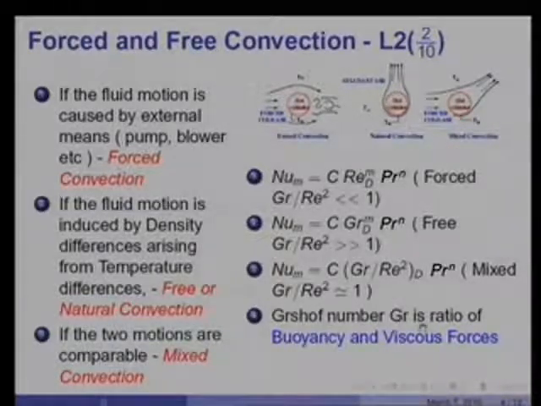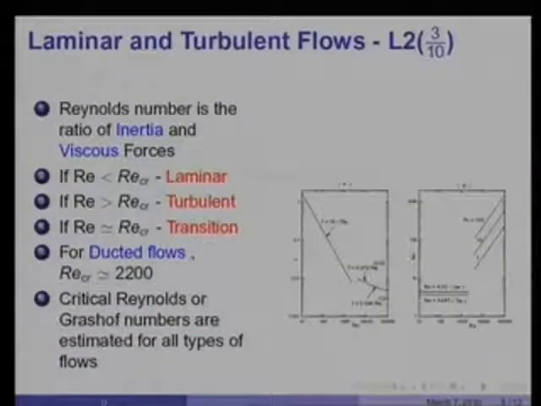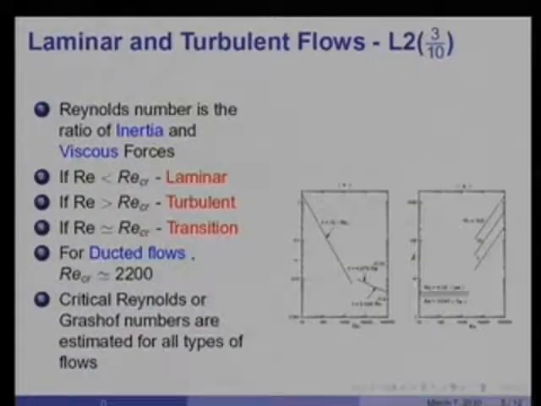The Grashof number, Gr, is the ratio of the buoyancy forces and viscous forces. Most often, we are interested in forced convection heat transfer, and Reynolds number is an important criterion. Reynolds number is the ratio of inertia forces to viscous forces.